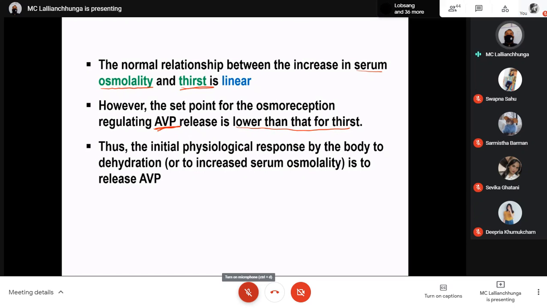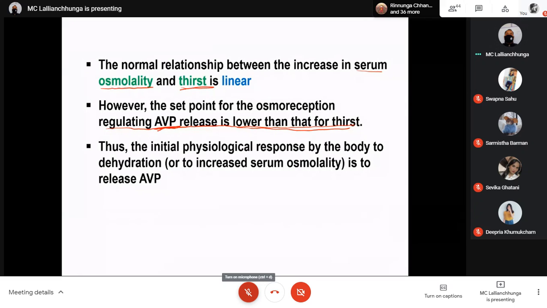You may not feel thirsty, but at that time dehydration has already taken place. So at that moment, ADH release has already been initiated. That is why the set point for the osmoreception regulating AVP release is lower than that for thirst.